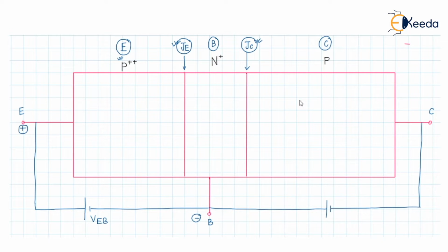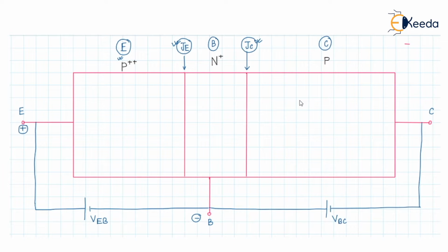This type of connection should be made to reverse bias the JC junction, and let us call this voltage VBC, because the base is at a higher potential than the collector. Now let us see what the current components inside this will be.